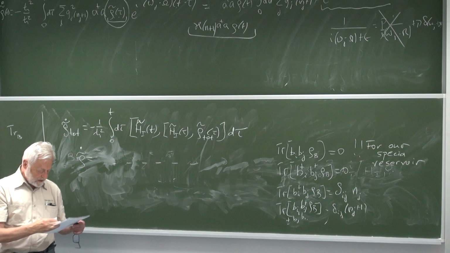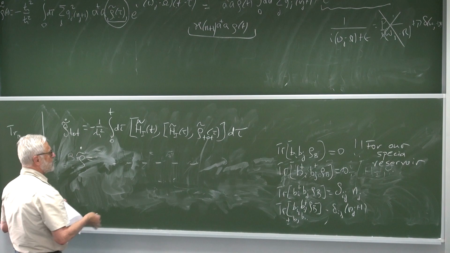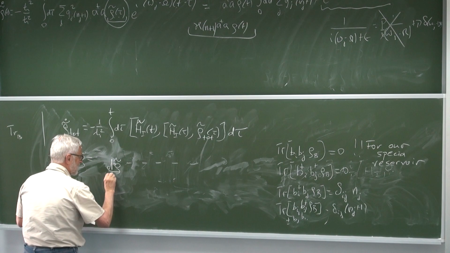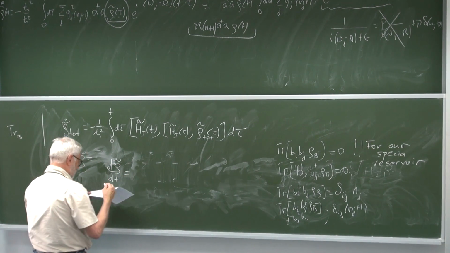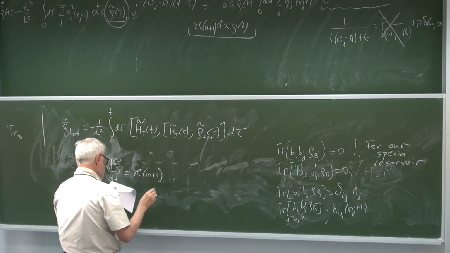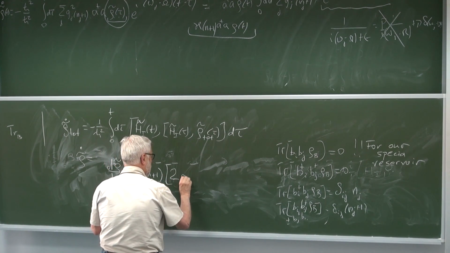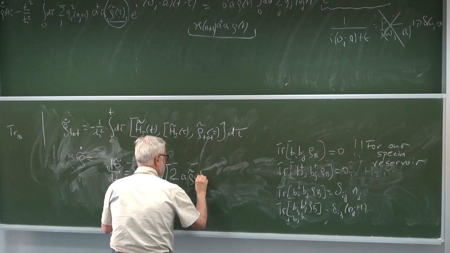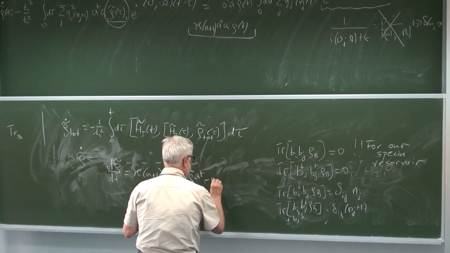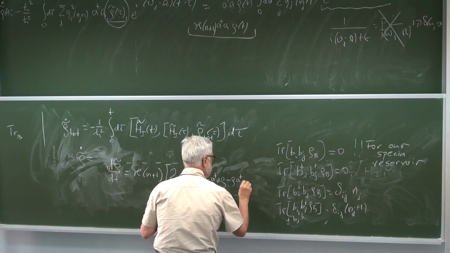And then the resulting equation, which is this celebrated master equation, is d rho by dt is equal to kappa times n plus 1 times 2 times a rho a dagger minus a dagger a rho minus rho a dagger a.